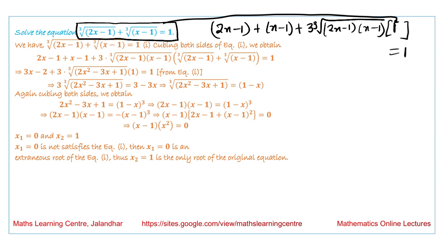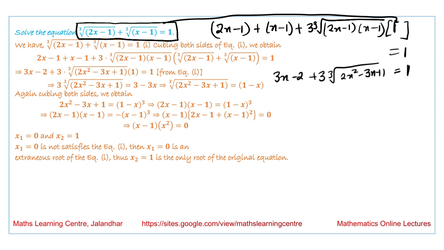On solving this we obtain 3x minus 2 plus 3 times cube root of 2x square minus 3x plus 1 equals 1.